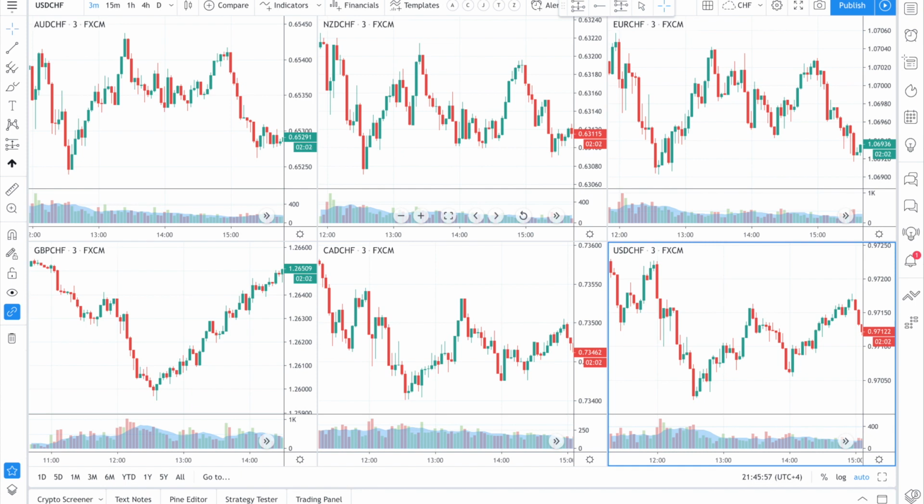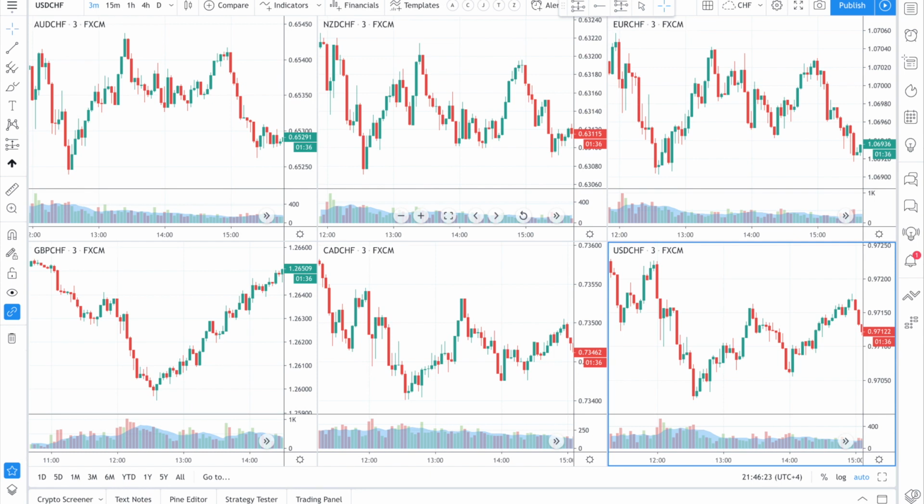Now Swiss franc is fundamentally strong as well, so I want to be selling Swiss franc. I cannot sell Pound Swiss franc because pound was getting stronger, and I was seeing it across their correlation group as well. And you will see the subtle differences that pound has versus everybody else.